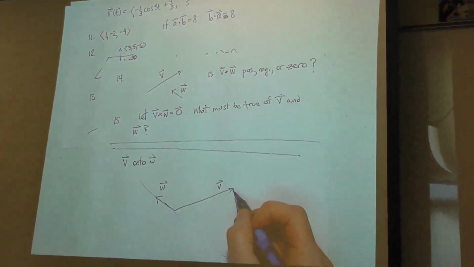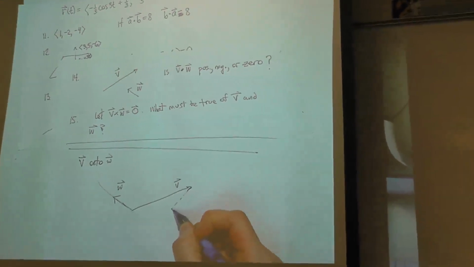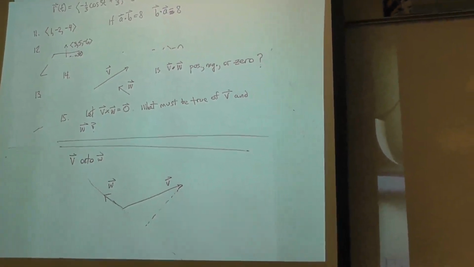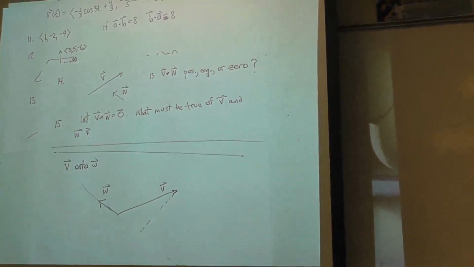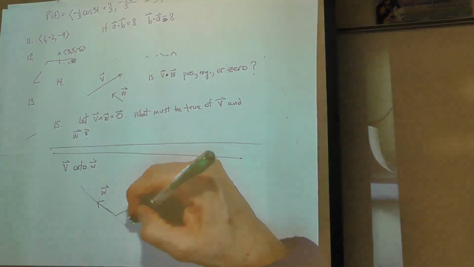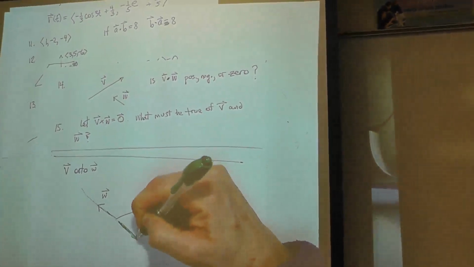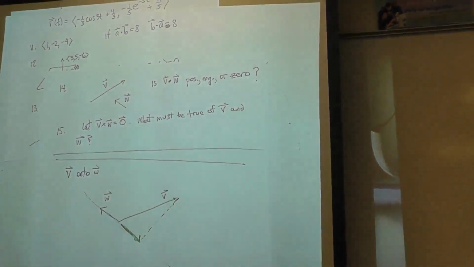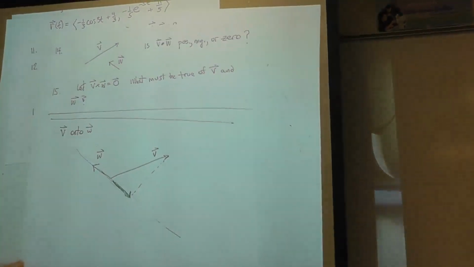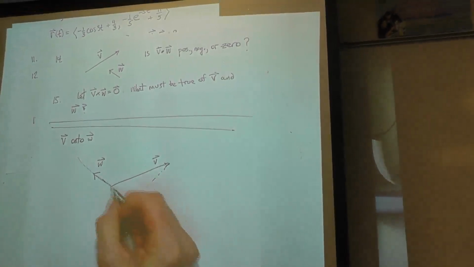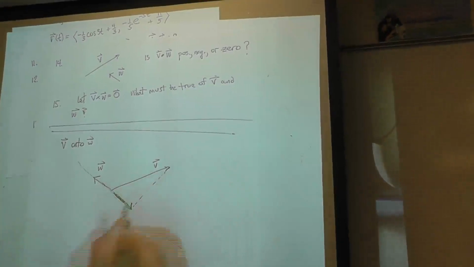I'm going to drop a perpendicular from the head of V onto that line. And then my vector projection is this. We still call that negative according to the direction of W. Yeah, it's going to be a negative multiple of W.